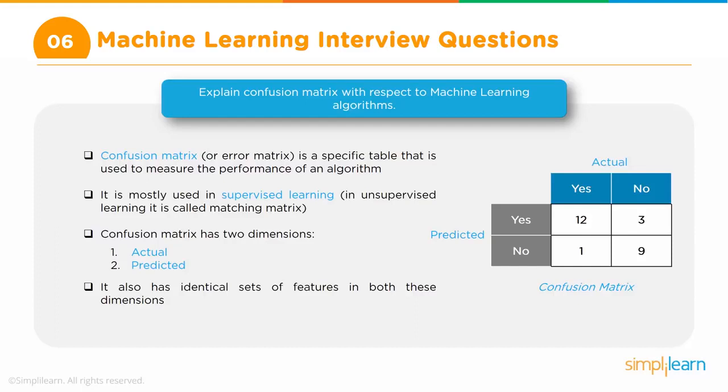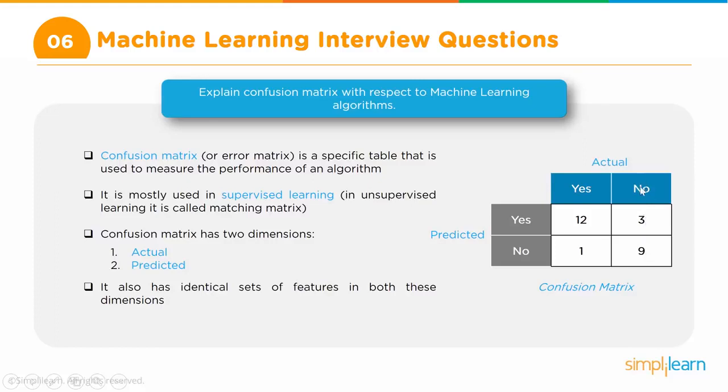to find out what the accuracy is. Okay, so let's say this is an example of a confusion matrix, and it is a binary matrix. You have the actual values, which is the labeled data, so you have how many yes and how many no. And you have the predicted values, how many yes and how many no. The total actual yes is 12 plus 1, 13, and the actual no's are 9 plus 3, 12.